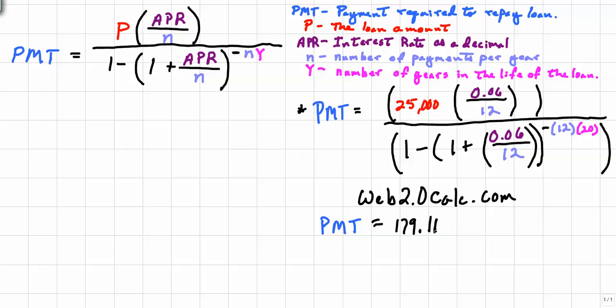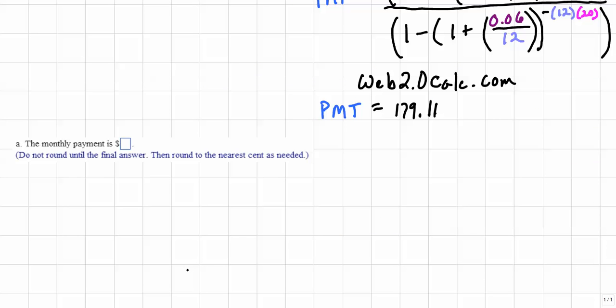And that's going to be your answer for part A. And so in my math lab, part A is going to look like this, and you're going to simply enter 179.11 in the input field. You'll either hit enter or check answer, and then it'll come back and tell you what the correct answer is.